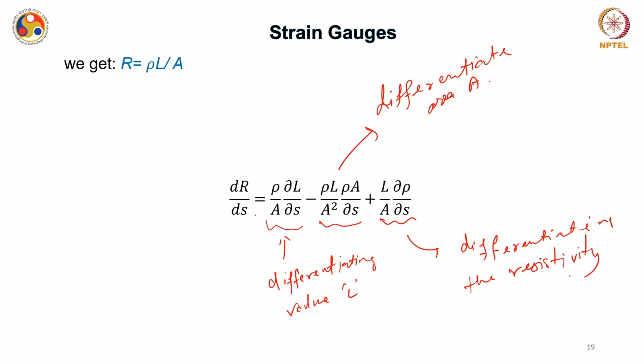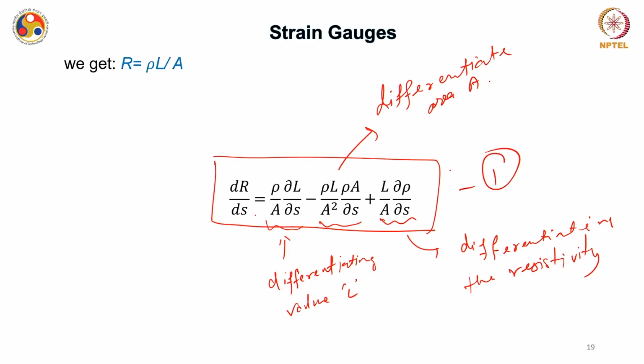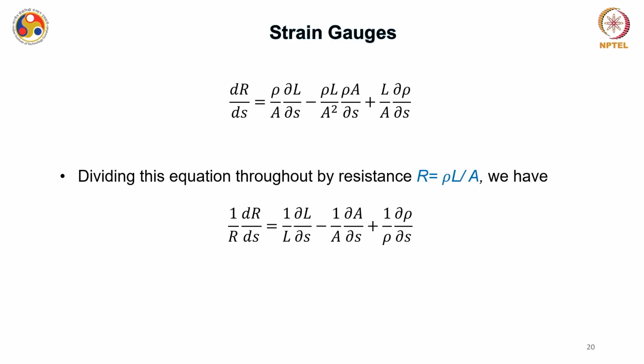And these terms we have calculated by keeping the other two quantities constant. For example, the first term is differentiating the value of L by keeping rho and A constant. So this is the equation for dR by dS. I am calling this equation 1.